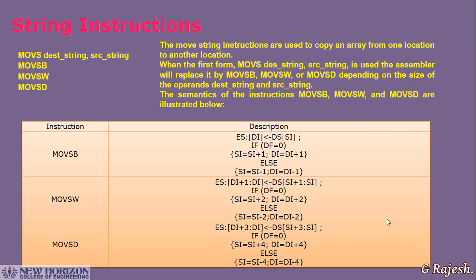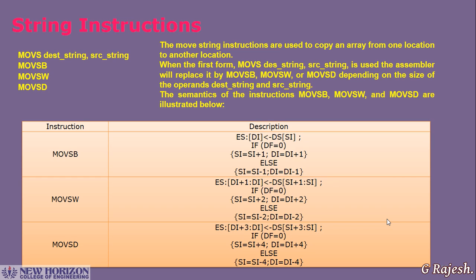That is the move string instruction, used to copy from a source string to a destination string. The copy is performed on the basis of the size of the operands. If the operand size is byte, MOVSB is used.